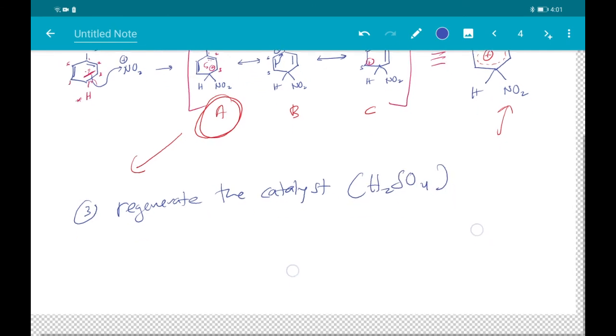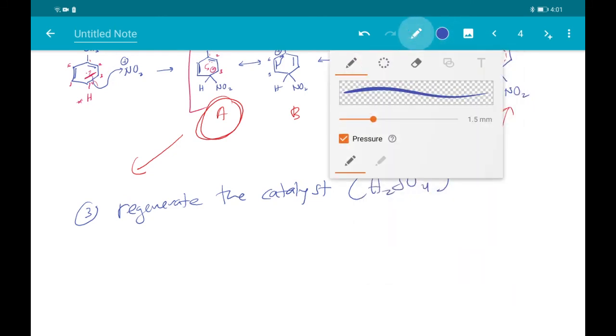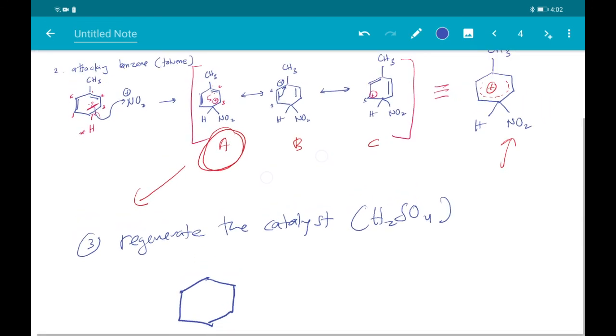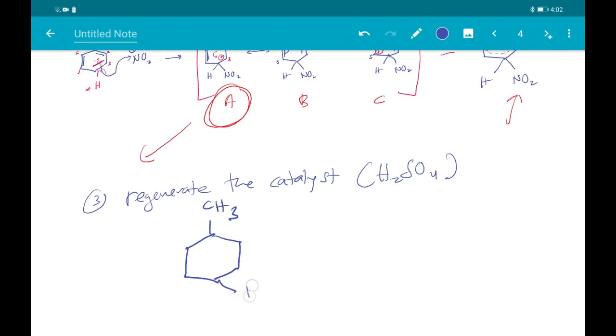So for the final reaction, we just take the structure from A. Okay, I just draw back the structure of A. The structure of A comprises the benzene ring with CH3, and then we have H and also NO2, and then we have a double bond positioned at the first and second carbon and number 5 and number 6.